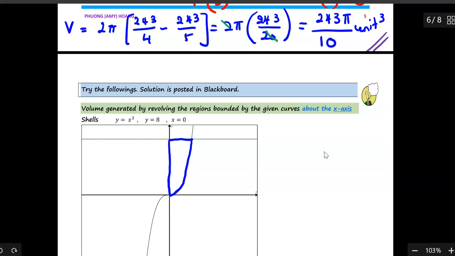Then you immediately highlight the area that you have to work with. In this case, you are going to rotate about the x-axis. So you are going to draw the element that is parallel to the axis, because you need to use the shell method. That means it is a dy, and your values should be 0 and 8 in this case. Your function should be x to the exponent 3.